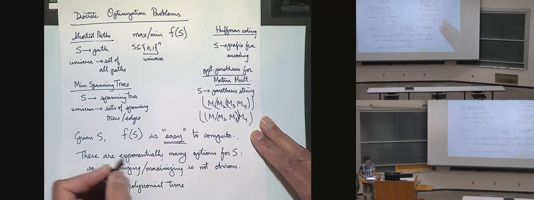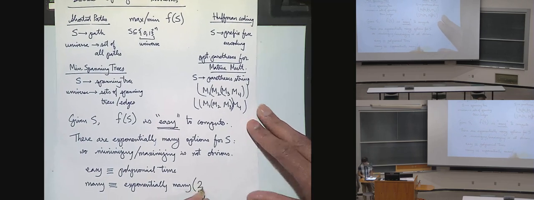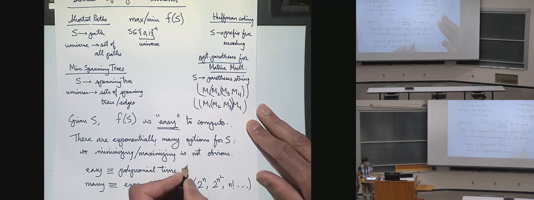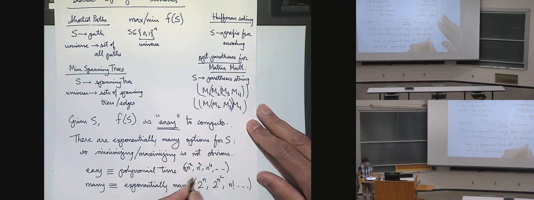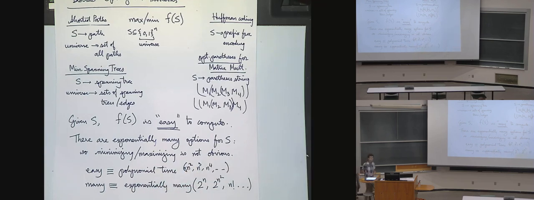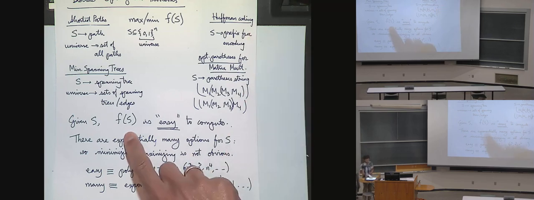And when I say many, which of course I've explained over here, I mean exponentially many. So this is like saying it's like 2 to the n, 2 to the n square, n factorial, things like that. And this is saying it's n, n square, n cube, n to the fourth, n log n, whatever, things like that.